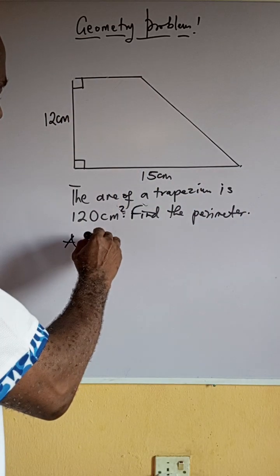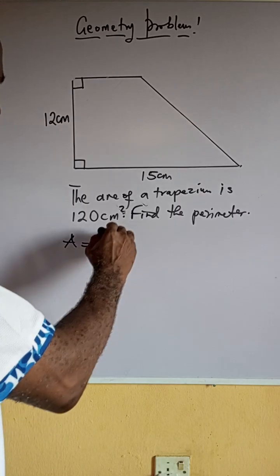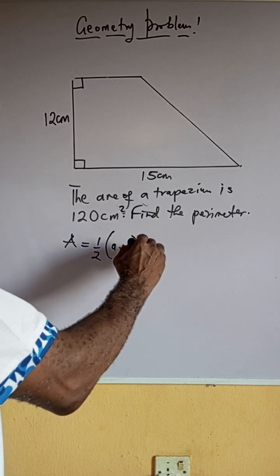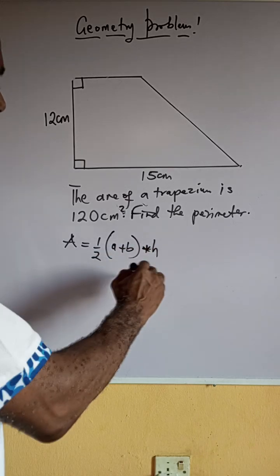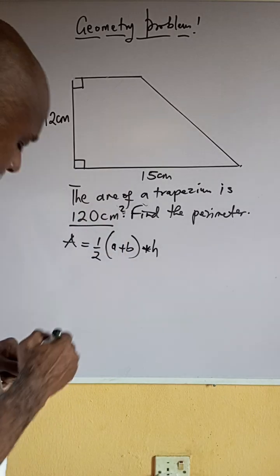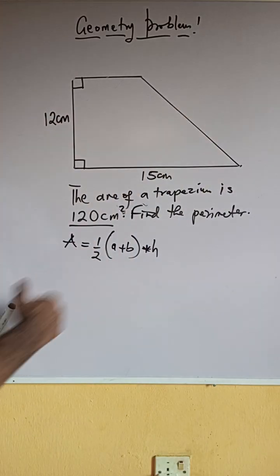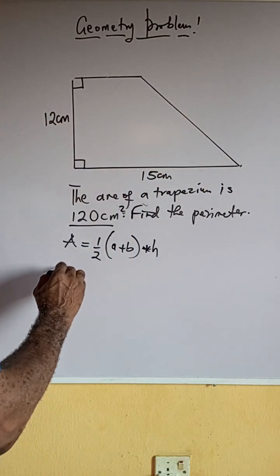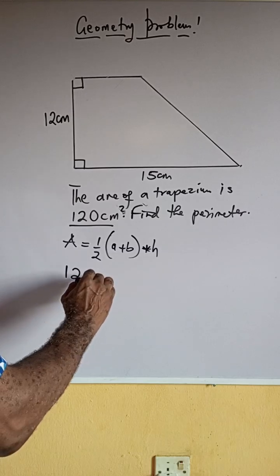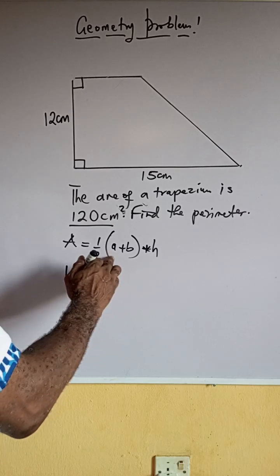That relationship is A equals half of (A plus B) multiplied by the perpendicular height. We have been told here that the area is 120 centimeters square. Straight away, we equate this area, 120 centimeters square, to this.